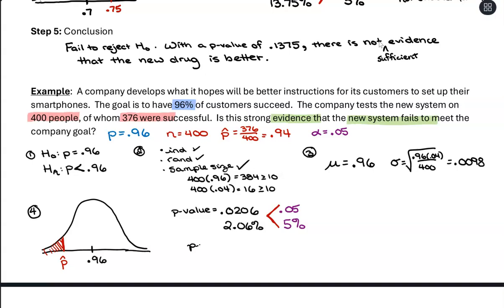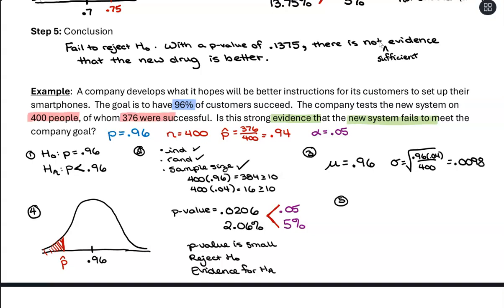So the p-value is small. And these are all just little notes to myself to connect to what we talked about in the first videos. But the p-value is small, which means we reject the null hypothesis, which means there is evidence for the alternative. We're going to throw out that null hypothesis, and we can now claim the alternative.